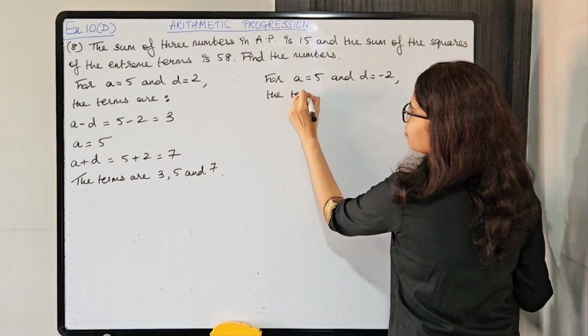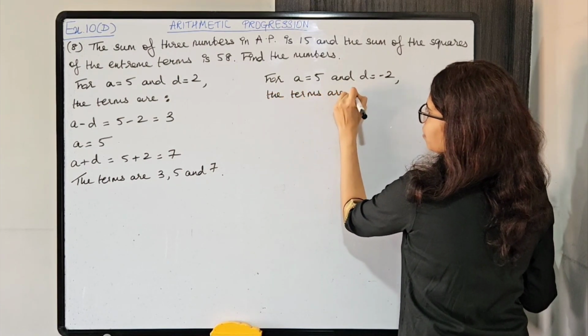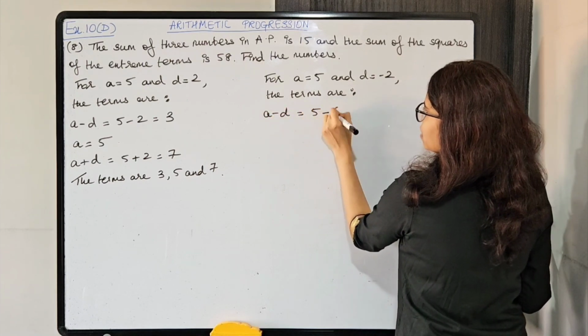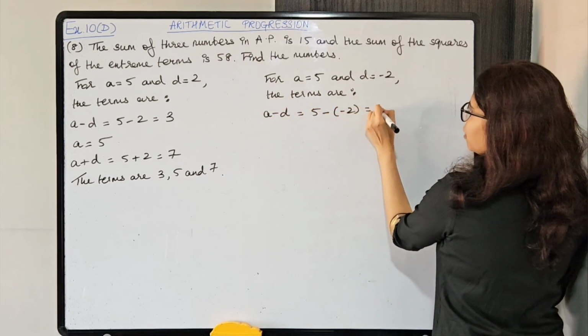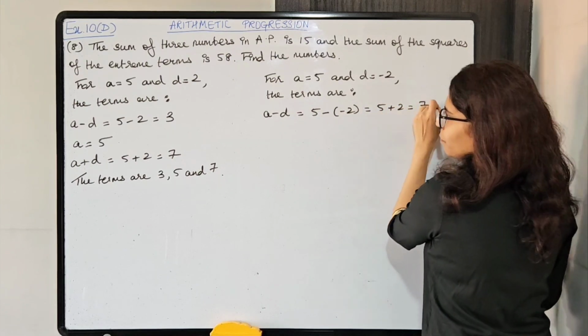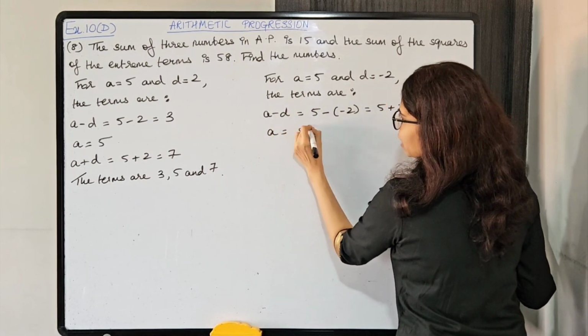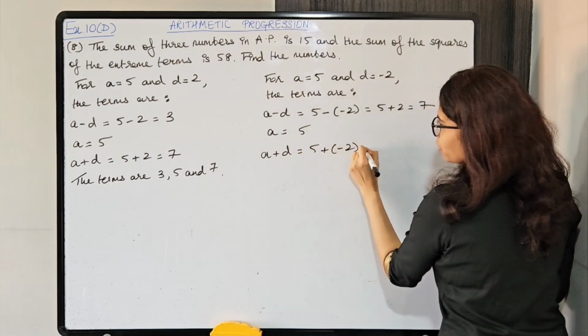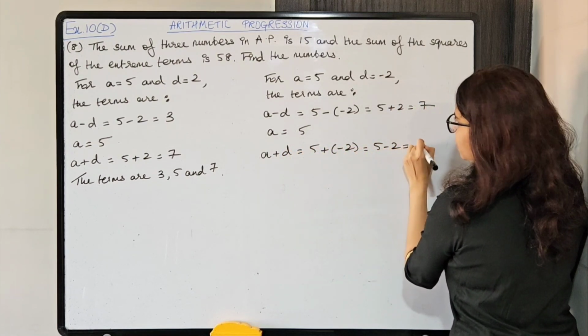The terms are A minus D, that is 5 minus -2, that will give 5 plus 2, which is 7. A, that is 5, and A plus D will be 5 plus -2, that is 5 minus 2, 3.